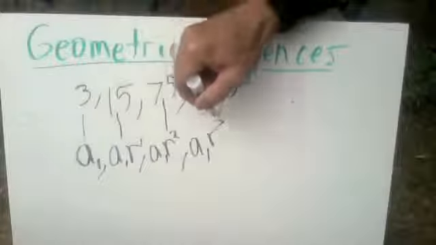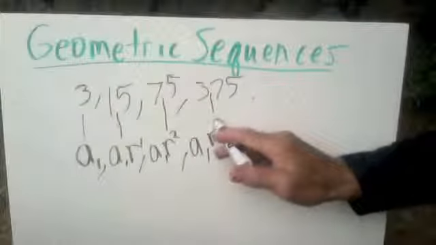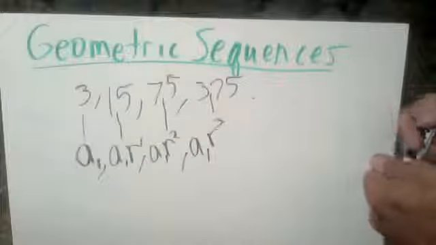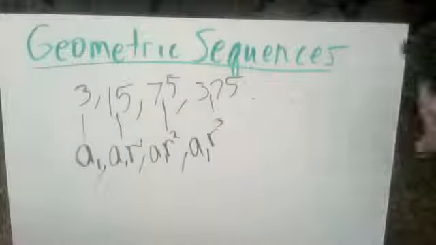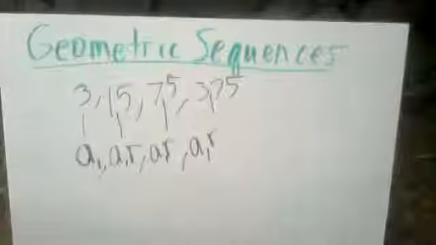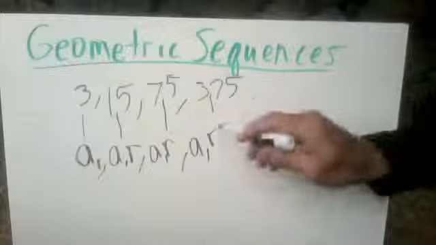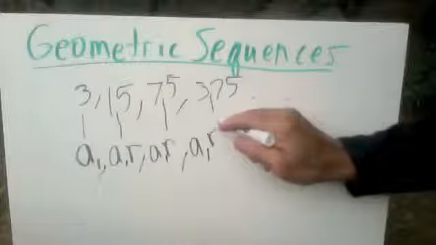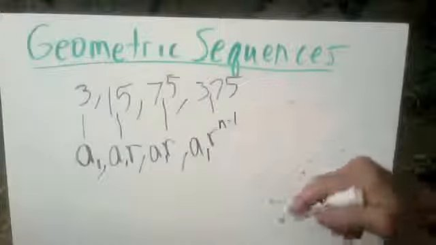This is our first term, this is our second, this is our third, this is our fourth. So do you notice that the exponents, instead of writing 1, 2, 3, I could rewrite each one of these, I'll just do it on the last one, as n minus 1.